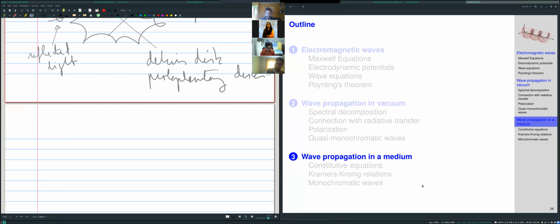I took this from Jackson, but we need it to understand the refractive index. And hopefully we'll then finish chapter 2 with this on Thursday. Okay, if there are no questions, Nitya, yes?